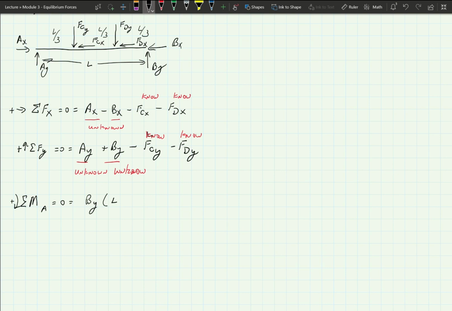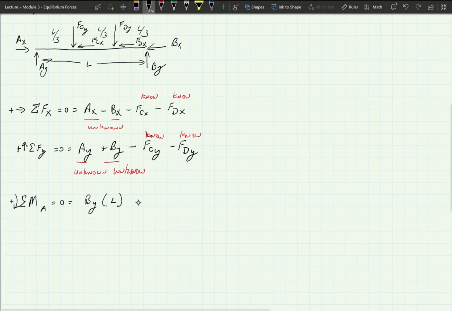Okay, so there's that. Then we have FC of Y times L over 3. Alright, and that is positive and B is negative. Should have done that. Plus the FD of Y times 2L over 3.